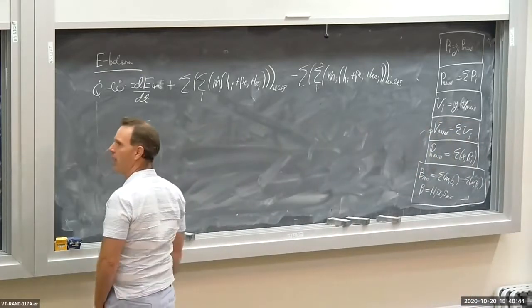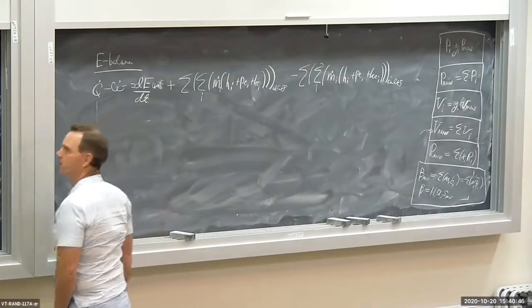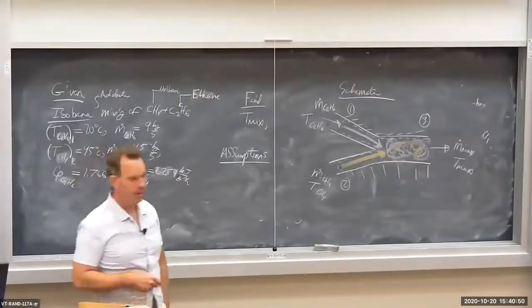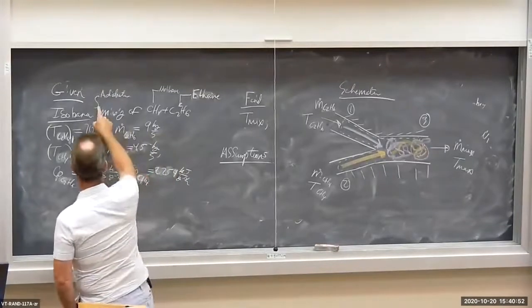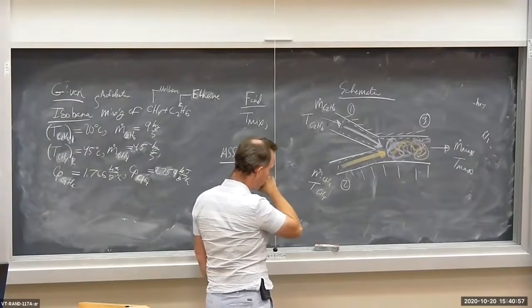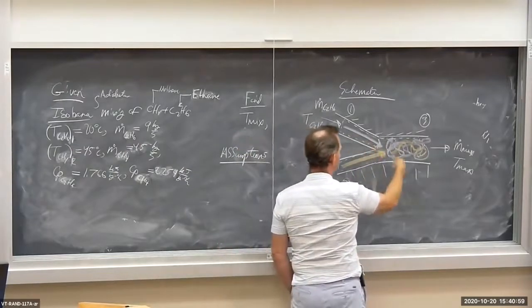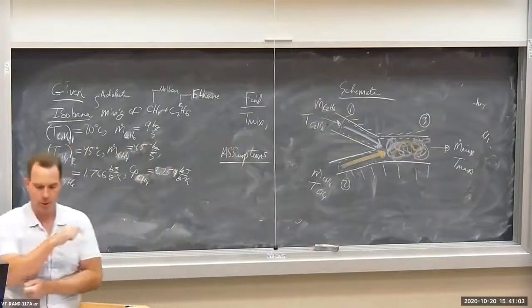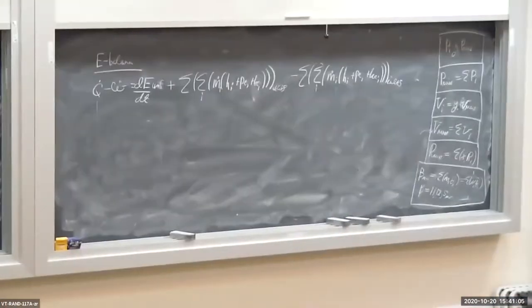We're told that it's an isobaric, adiabatic mixing of methane and ethane. Notice that there are no propellers in here, so there are no work interactions going on. There's no heat interaction going on, and I'm also going to assume steady state.